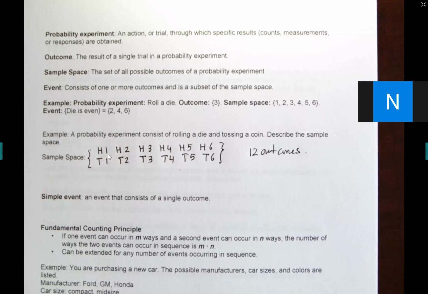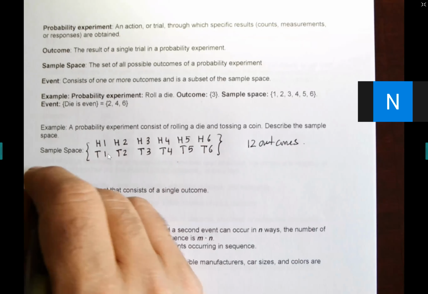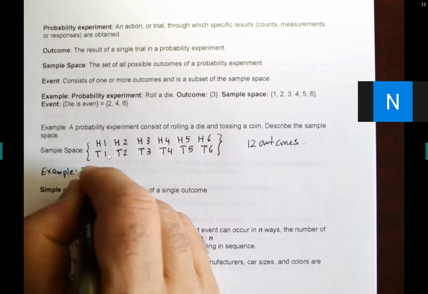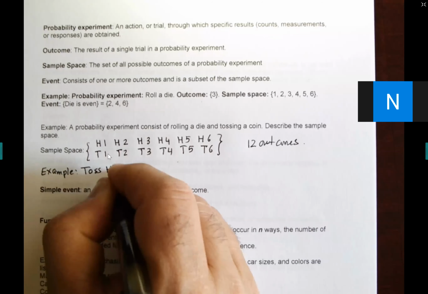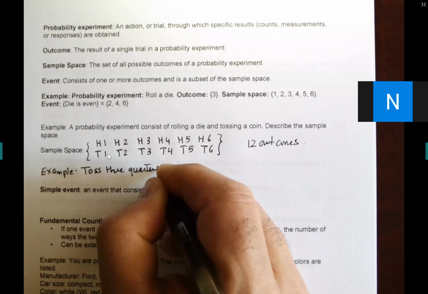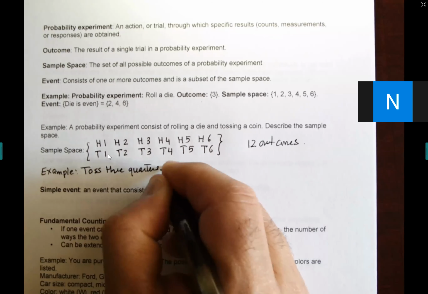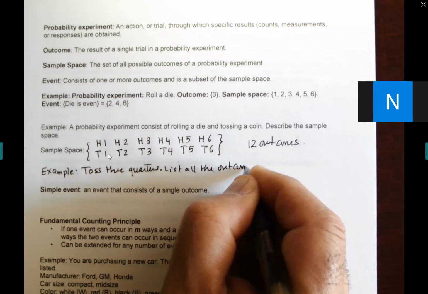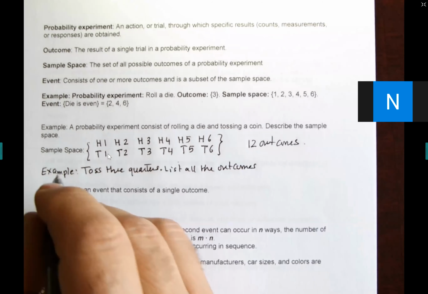Let's do another example. Toss 3 quarters. List all the outcomes. Can you help me list them, guys? Start with the first one.